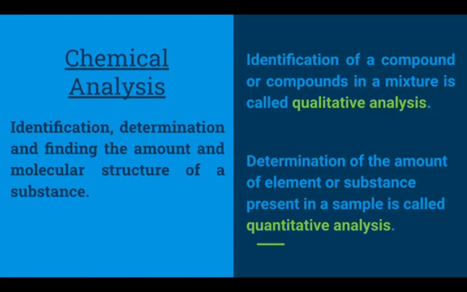Qualitative analysis involves identification of a compound or compounds in a mixture, whereas quantitative analysis means the determination of the amount of an element or substance present in a sample. That means we will be determining the quantity of an element or substance present in a sample. That is called quantitative analysis.